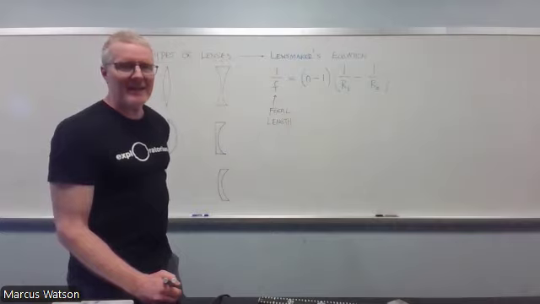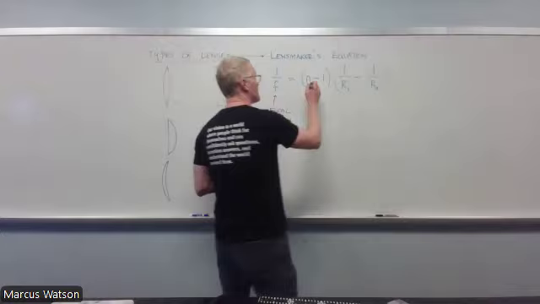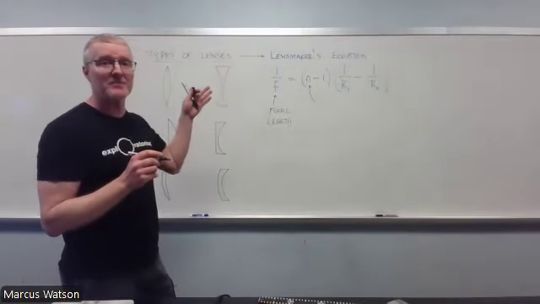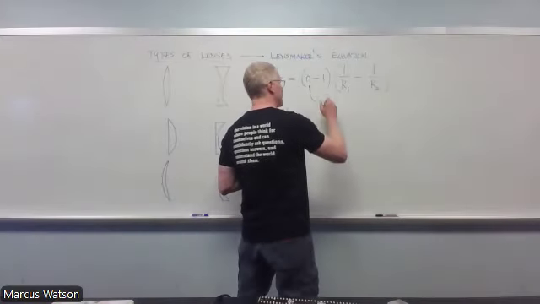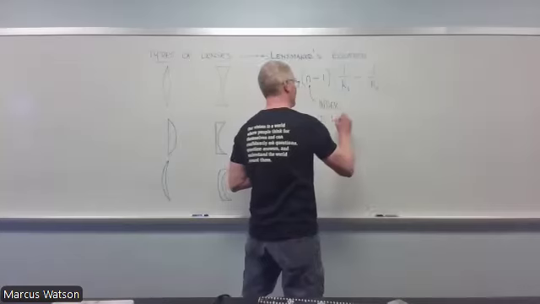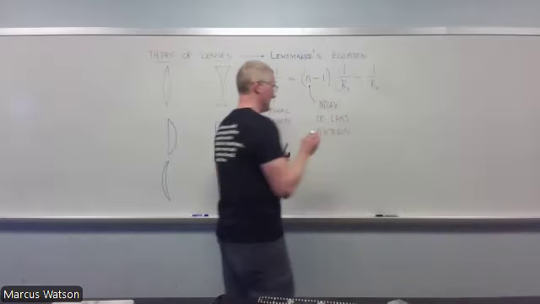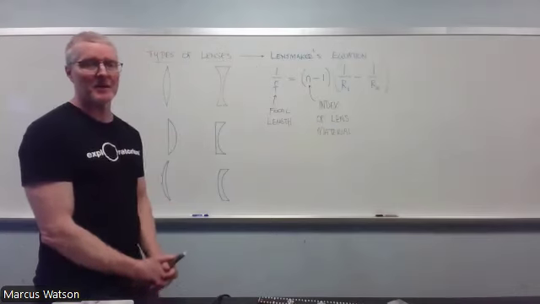It's just called N, and it's typically just the index of refraction of the type of material you're using in the lens. So we'll say this is the index of the lens material. If it's glass, for example, it might be 1.5.